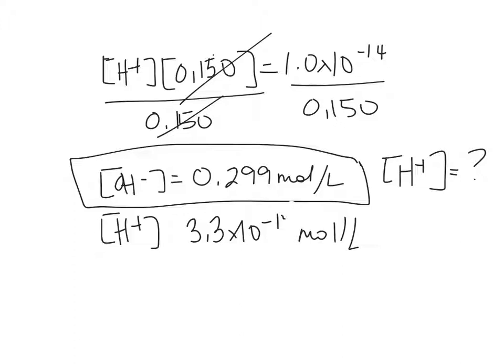So because this solution is high in hydroxide concentrations, it's basic. And if you take the negative log of this, you'll find out what the actual pH is. So the pH is, sorry? 13.5? Thank you.